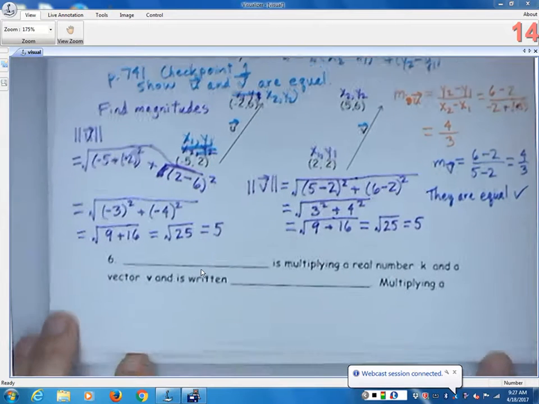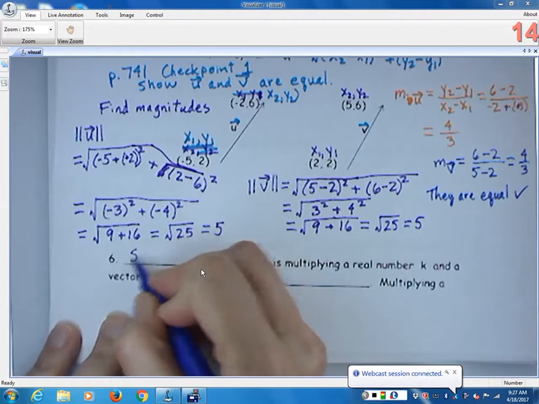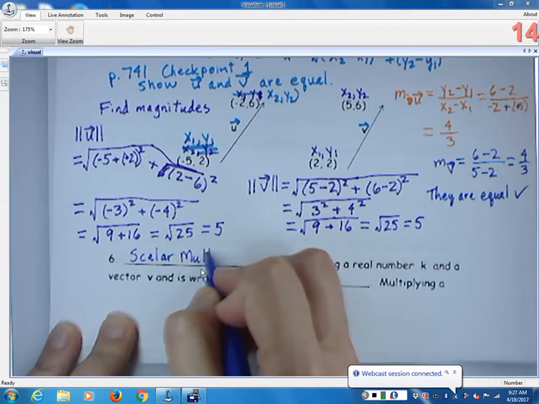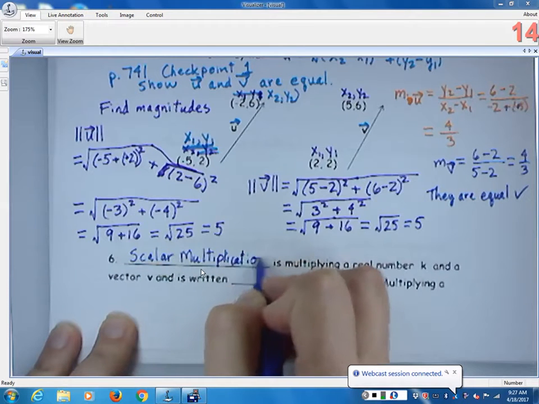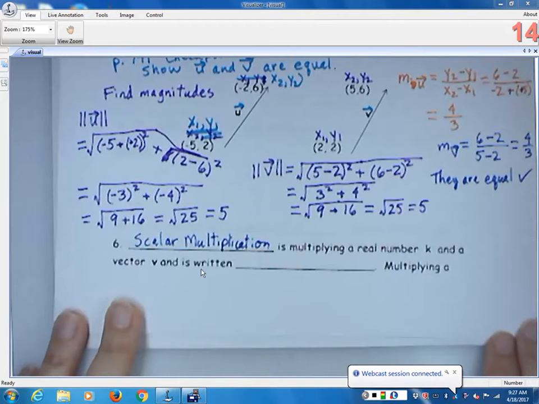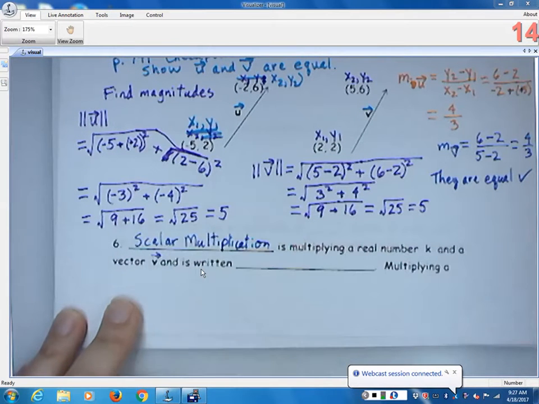Okay, scalar, we got some more definitions. There's a lot of definitions. Scalar multiplication is multiplying a real number k and a vector v. I just go ahead and put the arrow over it.